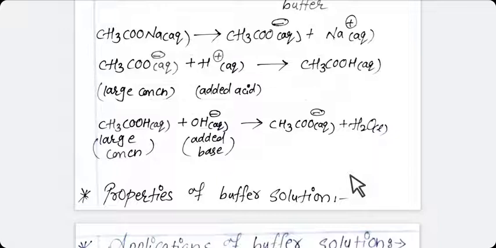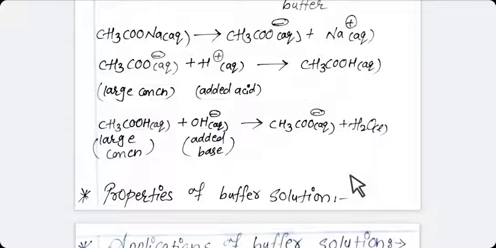Then we are adding base, so OH minus ion reacts with acetic acid and produces acetate ion and water. So there is no change in the concentration of H plus or OH minus ion. That's why the pH of the buffer remains unchanged. So it is nothing but a buffer action.